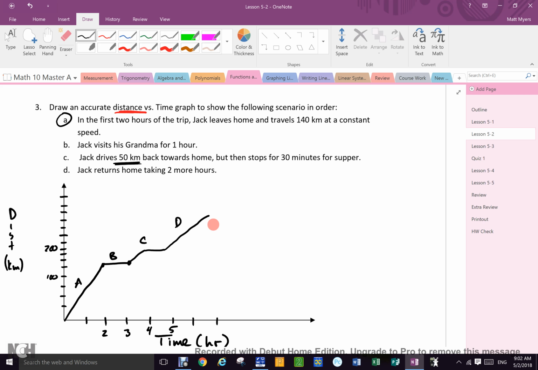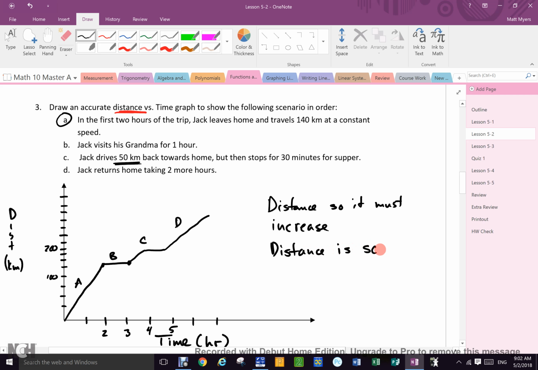All right? This is distance. So it must increase. Distance is scalar, which means it is a measure of magnitude. You keep counting.